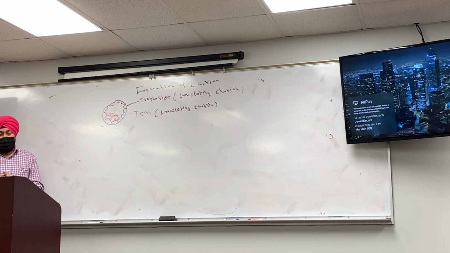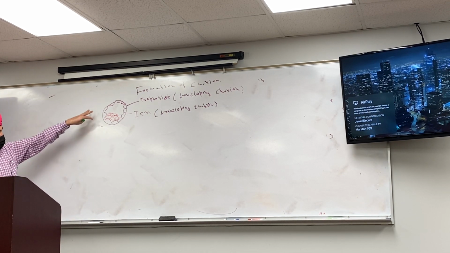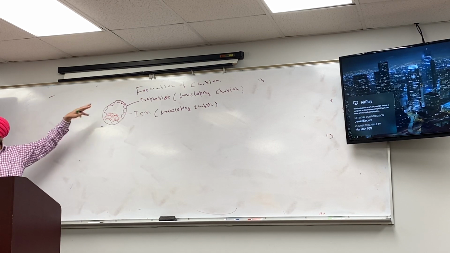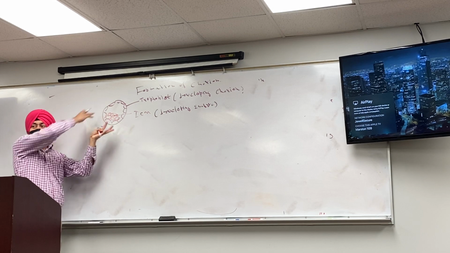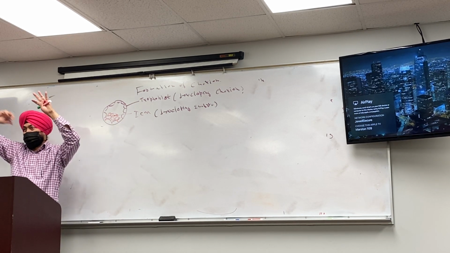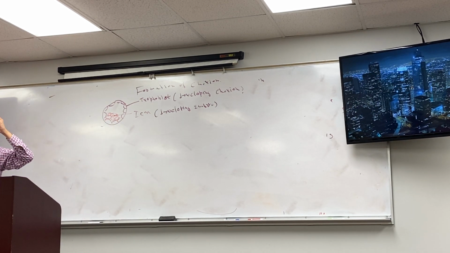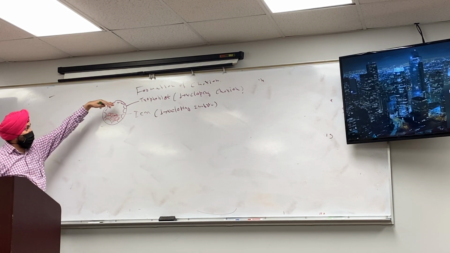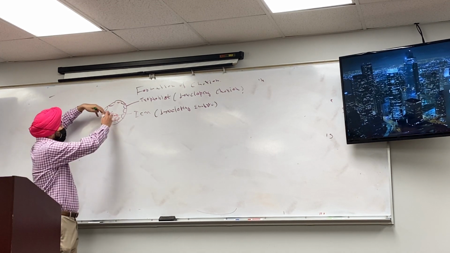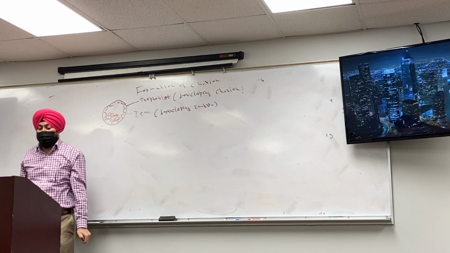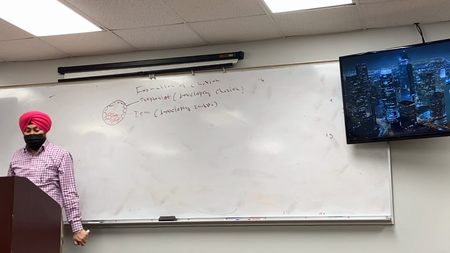These things are happening side by side, but I cannot draw this and this side by side. So we are going to talk about each separately, right? Initially we are going to talk about how the chorion is formed, and then we'll talk about how the ICM is developing the embryo.